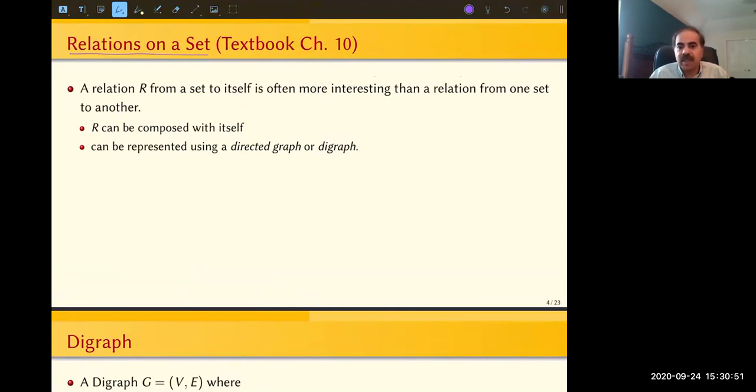It's familiar because in math, we talk about functions over real numbers, going from real numbers to real numbers. We rarely talk about functions that take real numbers as input and produce integers as output. It's certainly possible, but unusual, whereas most functions start and end in the same set. In the same way for relations, starting and ending in the same set is advantageous.